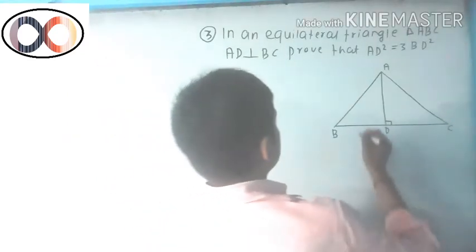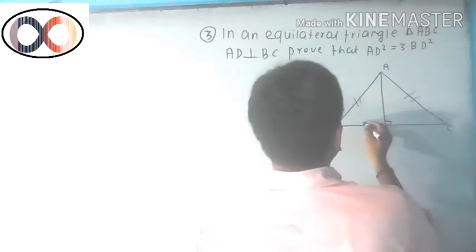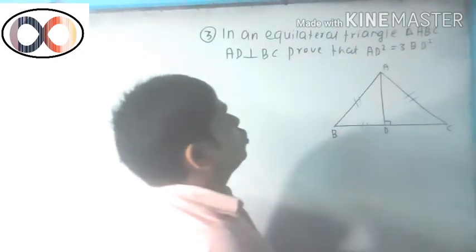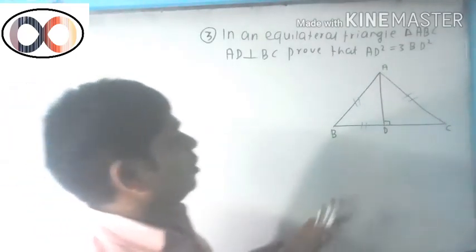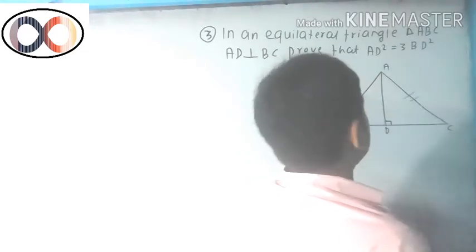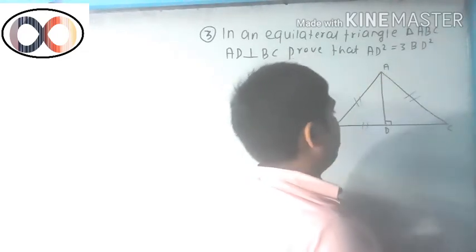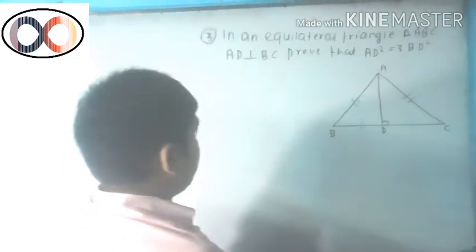So this is AB, this is AC, and this is BC. All are equal. We need to prove here that AD square equals 3 BD square. First of all, we will have to write the given part.